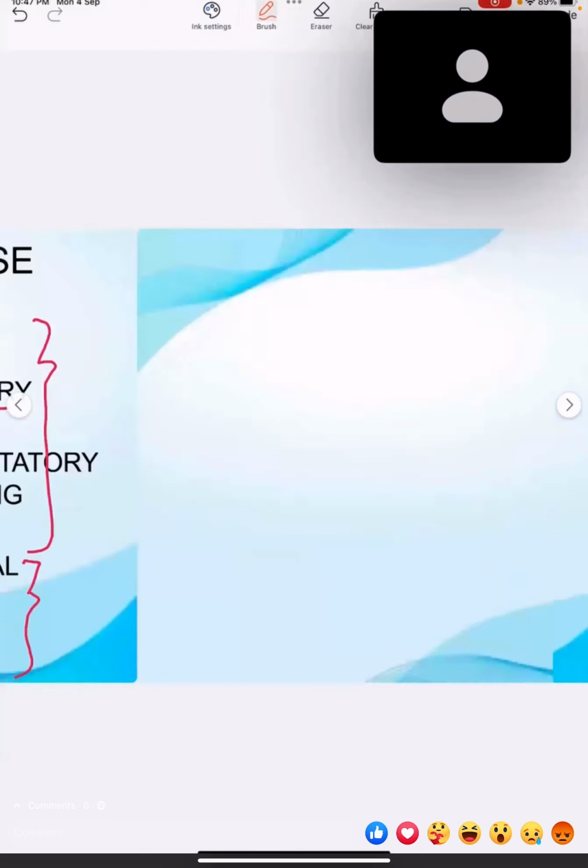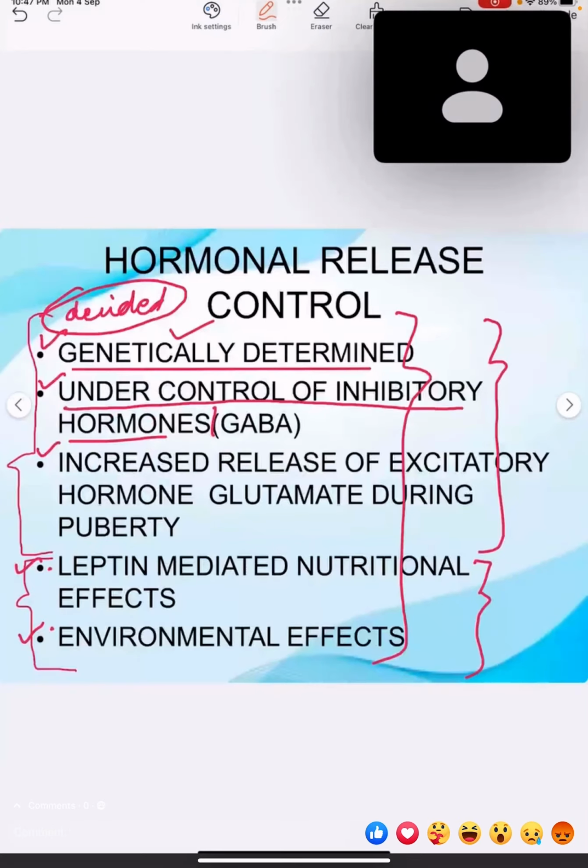The things which are under my control are leptin mediated nutritional effects. What is this? Increased weight means increased leptin. There is leptin mediation, which causes a positive effect on gonadotropin releasing hormone secretion.